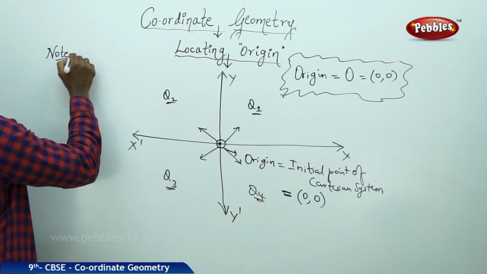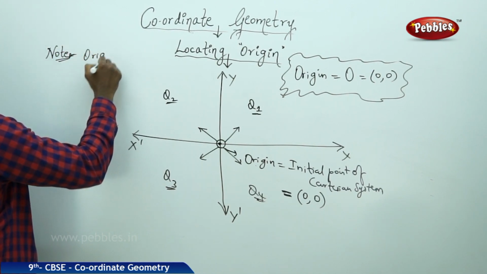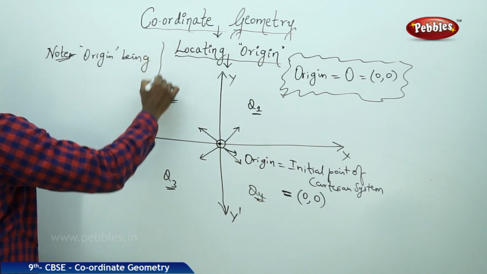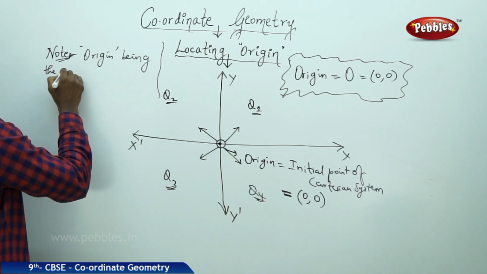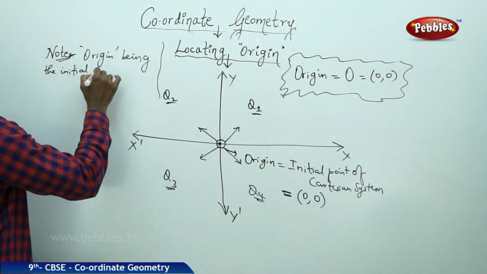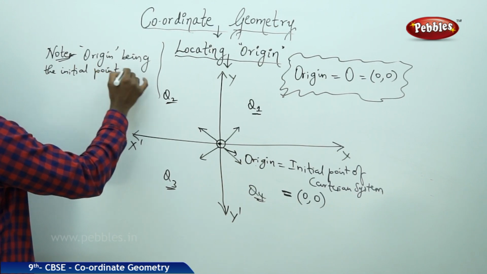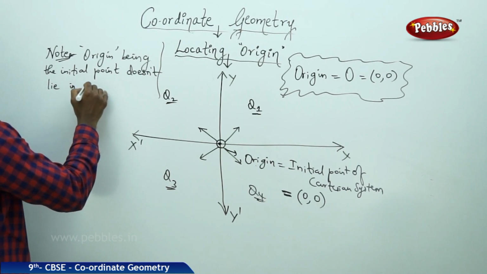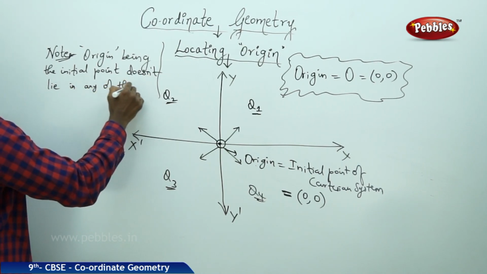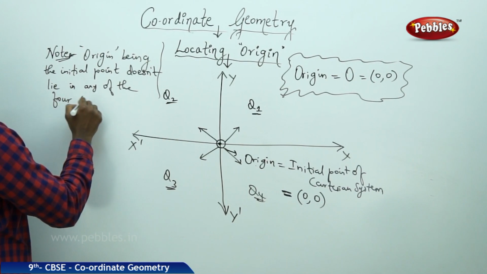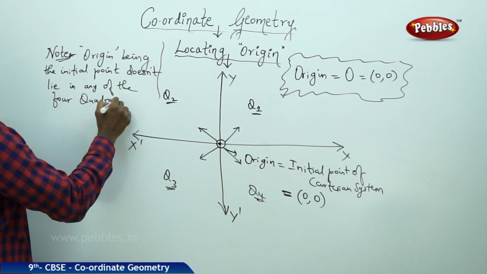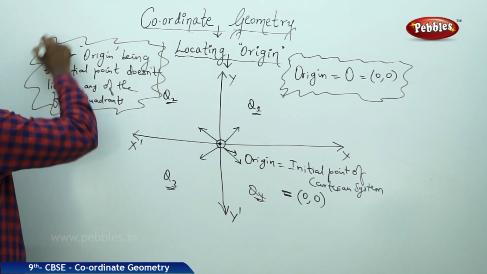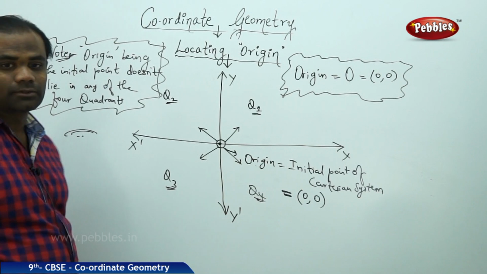Therefore, it's a very important note that origin, being the initial point, doesn't lie in any of the 4 quadrants Q1, Q2, Q3 and Q4.